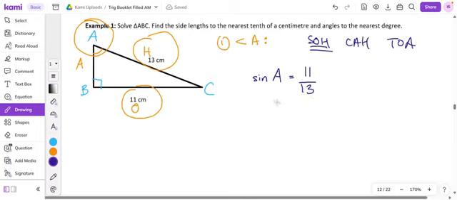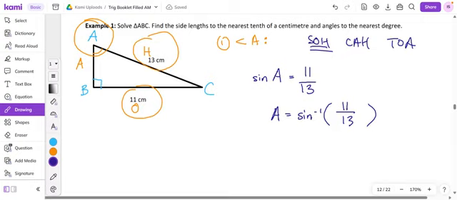Now, since I want to find the angle, I'm going to use the sine inverse button. So as I move the sine to the other side, because I'm undoing it, I have to use the sine inverse. Okay, so I've got sine inverse, right?